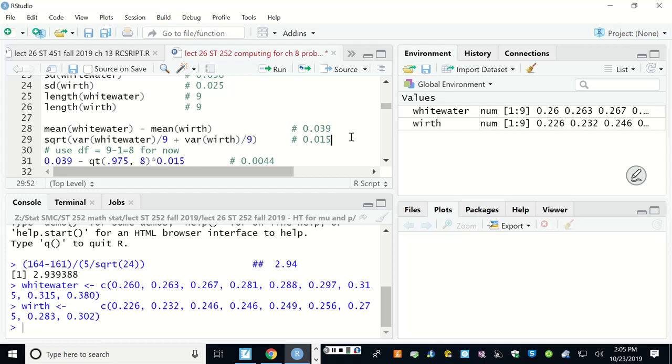Now, I didn't do the large formula for the Welch degrees of freedom. The conservative thing to do is use the smallest degrees of freedom, what you would use if you had only one sample.